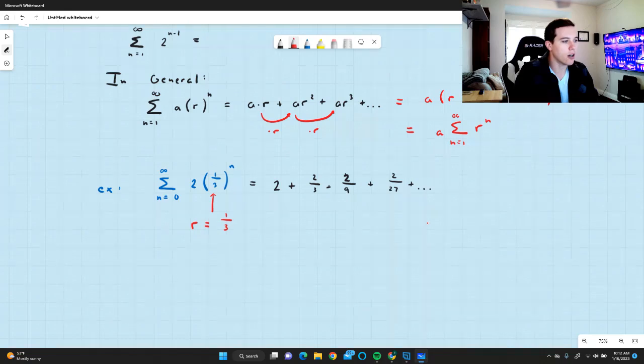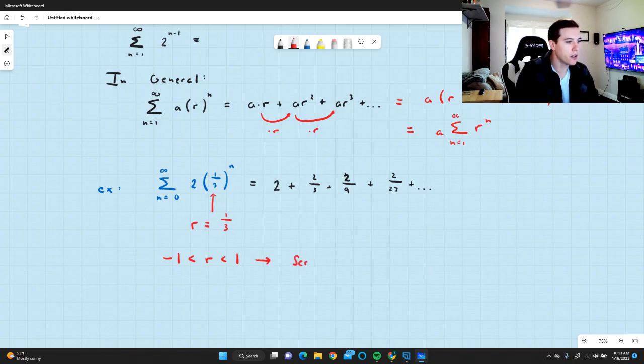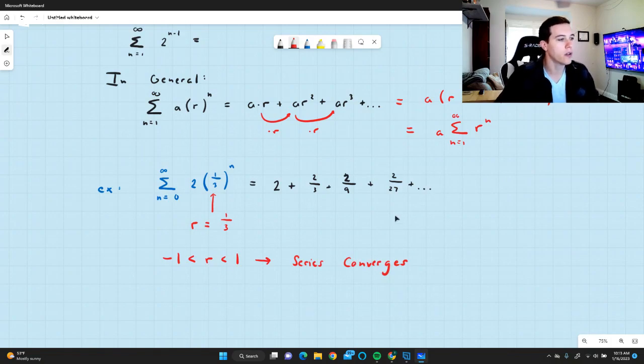As long as the r value is between -1 and 1, the series converges. If it's negative, it's going to actually alternate. We talked about that in one of the classes. You'll go to 0, but it'll alternate back and forth between positives and negatives. But that one, in fact, does converge.